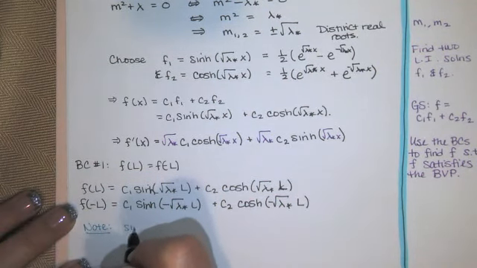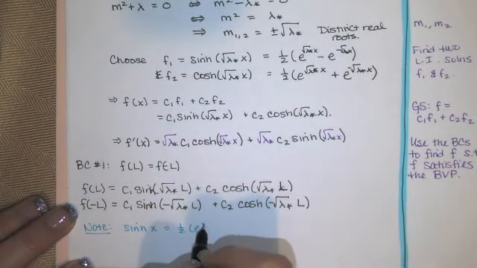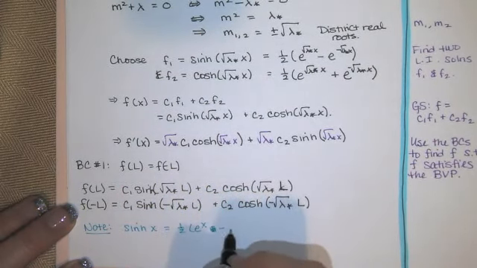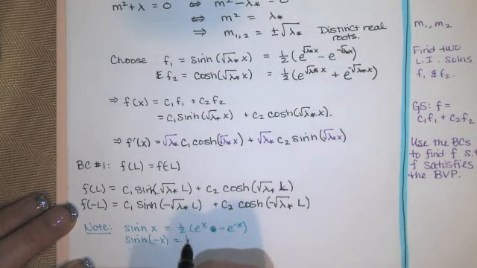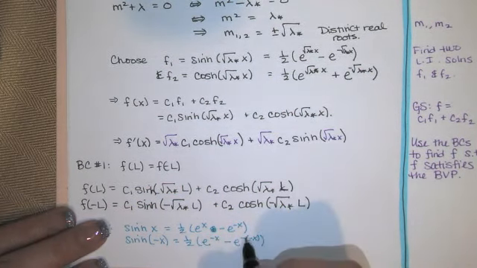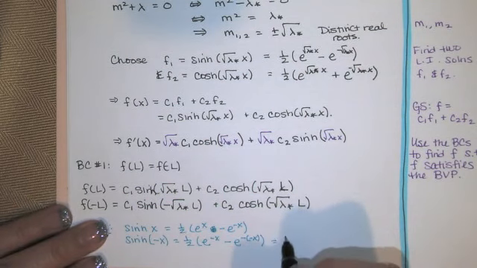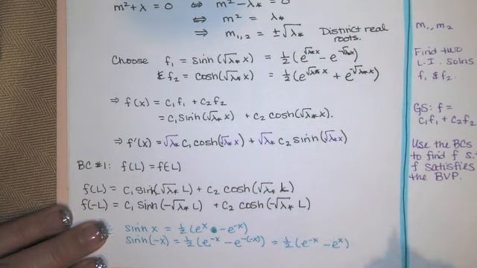We know that the hyperbolic sine of x is 1/2 of e to the x minus e to the negative x. Now, if I replace x with negative x, I'd have 1/2 of e to the negative x minus e to the opposite of negative x. Negative x is just positive x. So that's going to be 1/2 times e to the negative x minus e to the x.